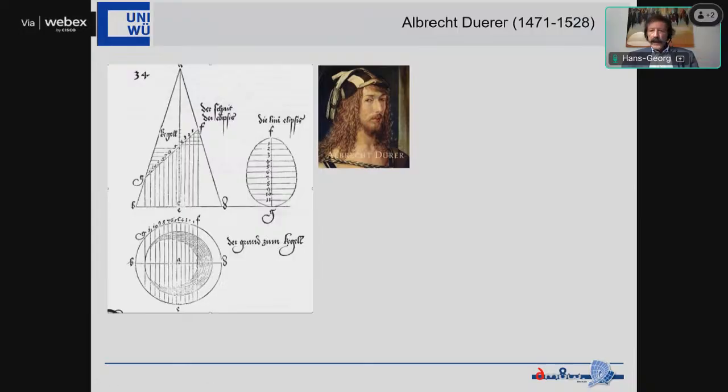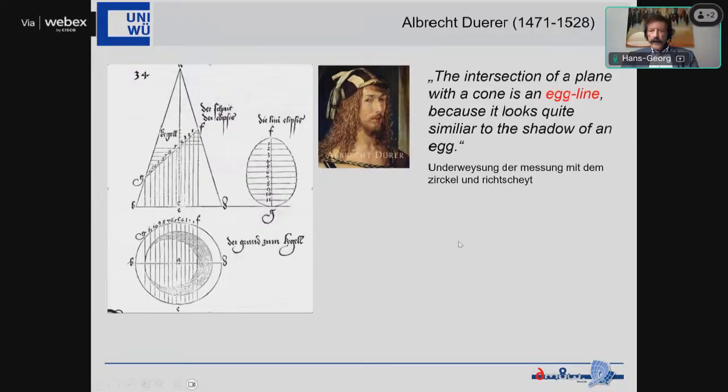And then he got the result. The intersection of a plane with a cone is an egg line, because it looks quite similar to the shadow of an egg. So Dürer did not know what the Greeks already found out. He did not know these writings of the Greeks. He has done it by his own, and this was his result.